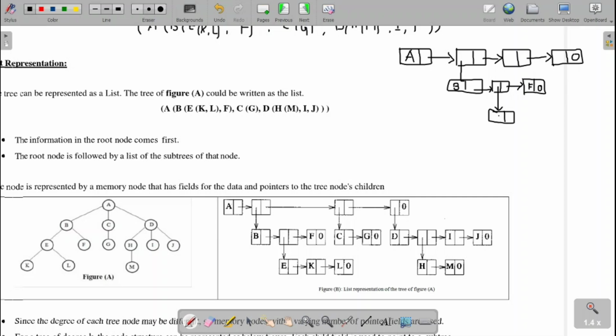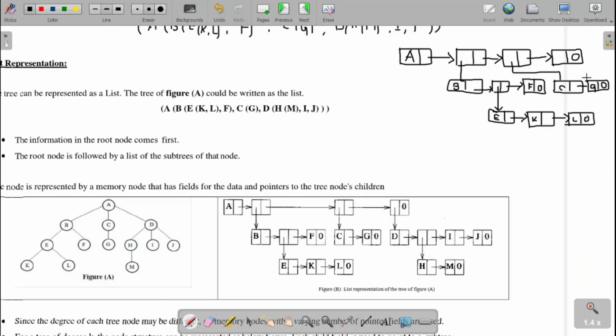The first one is K and the second one is L. So this completes the subtree of B. Then next we take up C. C has a single child, that is your G. Fine.